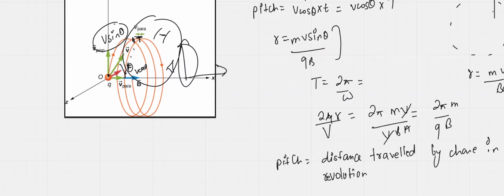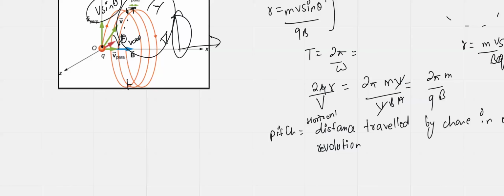If you keep it horizontal, it will be much better, in one direction basically. Because if you ask me what the actual distance traveled is, it is the whole circular length. But this is not the distance. We are just talking about the pitch, between two successive turns. So what is that? Velocity in that direction multiplied by time period.